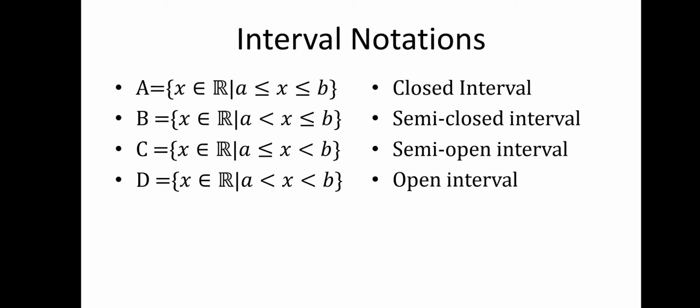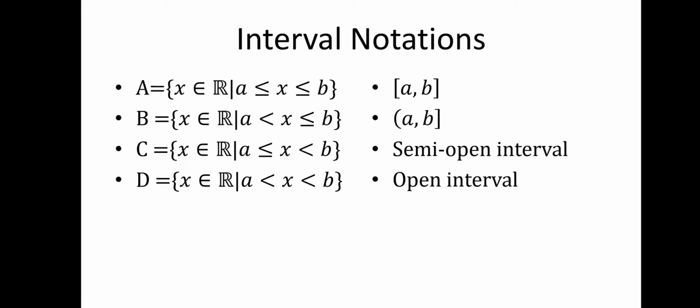The first one is written as A, B within third bracket. The third bracket represents closed interval, right? Semi-closed, obviously the side which is closed will be a third bracket. The side which is open will be a first bracket. So this is called a semi-closed interval, right?